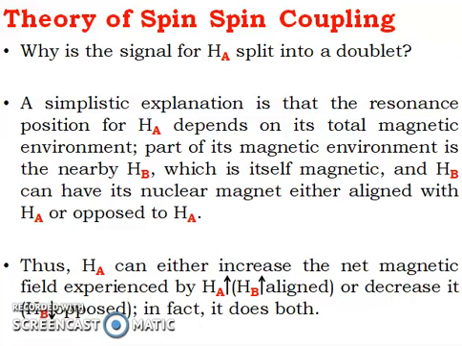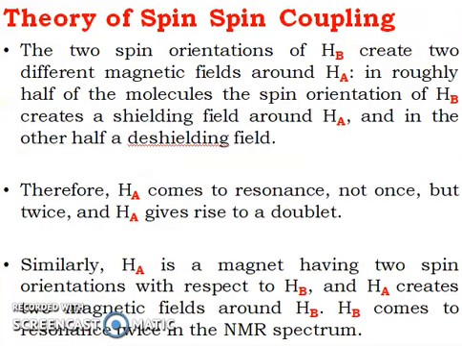What does it mean? Let us discuss in the next slides. These two spin orientations of HB create two different magnetic fields around HA. This is the basic: the two spin orientations of HB, which is magnetically non-equivalent.